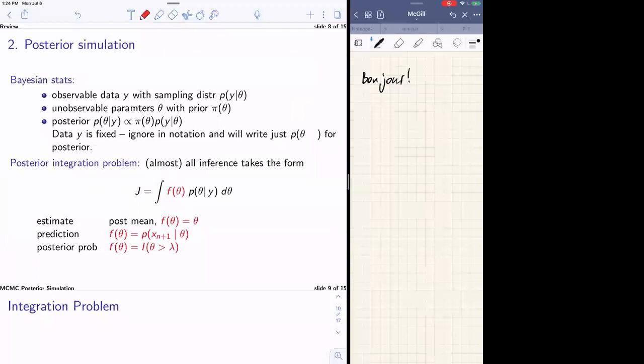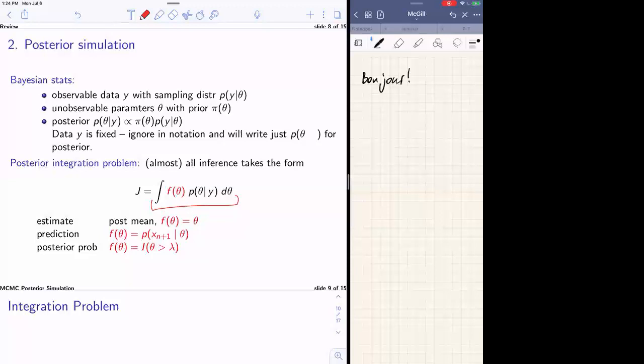In the previous few slides, I went very fast through a basic argument of how a Bayesian would go about statistical inference. Let me repeat it in slightly different words. You can argue that in Bayesian inference, just about all statistical inference in the end boils down to reporting integrals of some red thing of interest with respect to the posterior distribution.